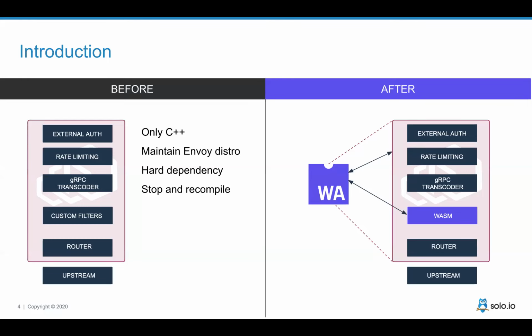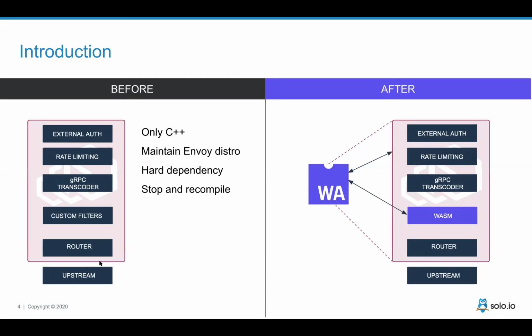It travels through Envoy in what's called the filter chain. And for example, in the before here, you can see that we have a bunch of filters that can manipulate the request. So we can do auth, rate limiting, handle gRPC, or whatever custom logic you want to add there. So Envoy is extendable in the sense that you can write new filters and add them to the Envoy filter chain to do additional functionality.